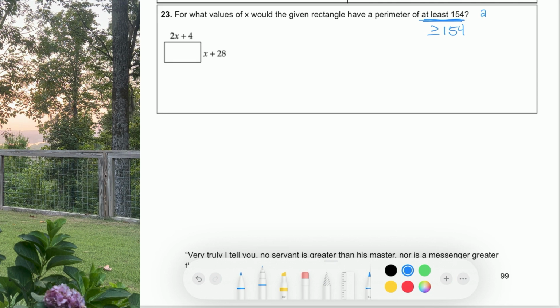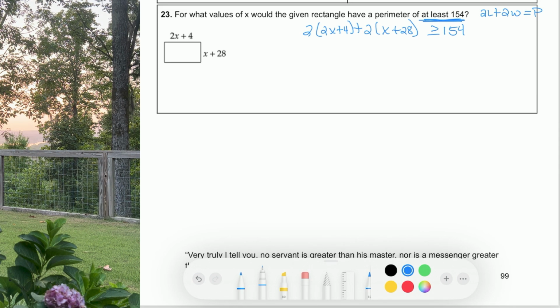So they're talking about the perimeter. And remember, to find perimeter, it's 2 times length plus 2 times width equals the perimeter. So we're going to multiply 2 times the length, 2x plus 4, plus 2 times the width, which is x plus 28. This is our problem.